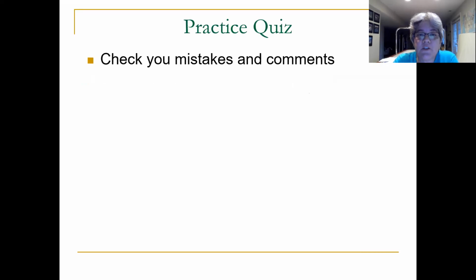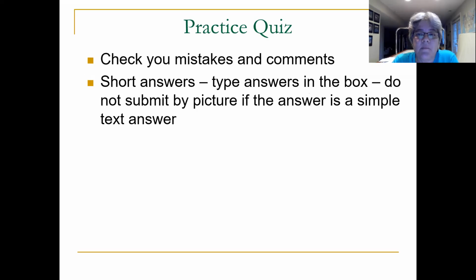So first, make sure that you check your quizzes, check your mistakes. A lot of times I write comments, so make sure you look at all the questions to see if I left you some comments. Some things to note for the short answer questions: you don't need to write those on a paper and take a picture.